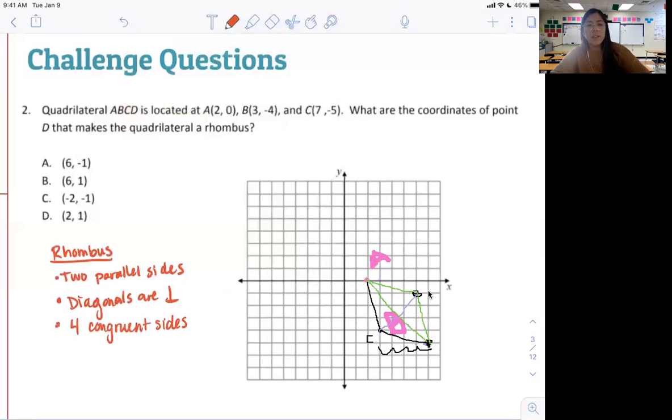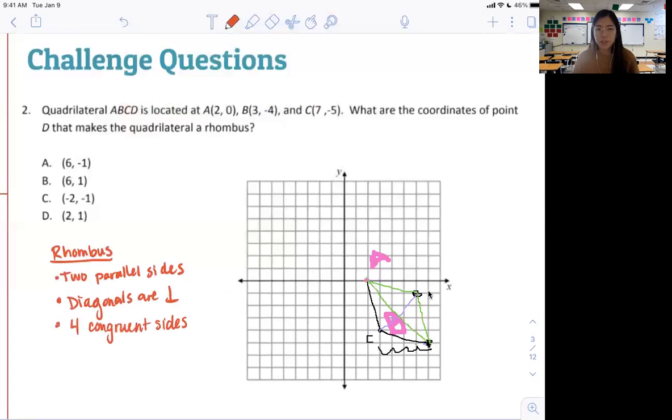Alrighty. So I see that somebody already put a point in there, and that point looks like a very good candidate to me. Nice job, Alejandro and Jalen. You guys are actually doing what I was going to tell you to do. We're going to test a point and see if it works.